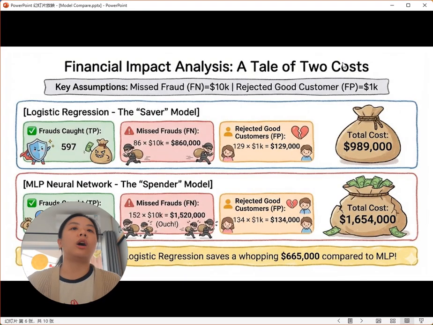Okay, let's see some real business factor impacts. For financial impact analysis, you can see in the chart, to calculate it, we assume that one fraud loan can cost over 10,000, and rejecting a good customer can cost over 1,000.